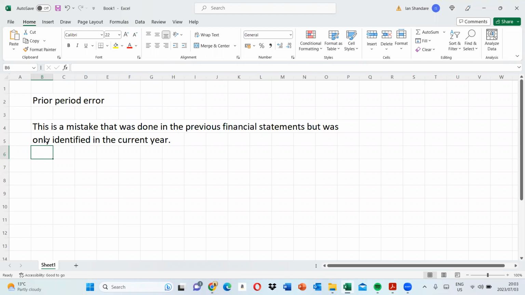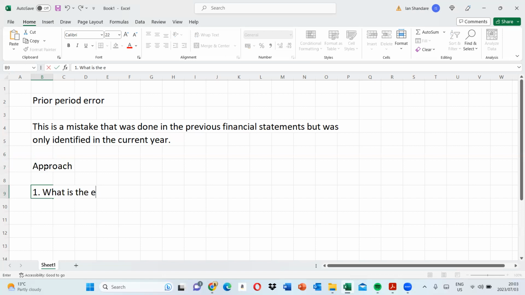So now the approach that we use when you're looking at error, we'll first look at what is the effect of correcting the error on the statement of profit and loss.